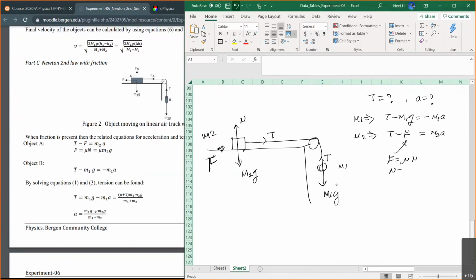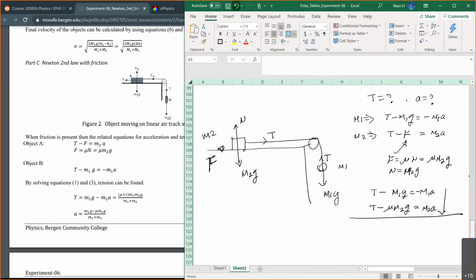The normal force is equal to M2G here, because there is no motion on the y-axis and no other forces. So friction force equals mu times M2G. Let's plug it back. Equation 1: T minus M1G equals negative M1A. Equation 2: T minus mu M2G equals M2A.